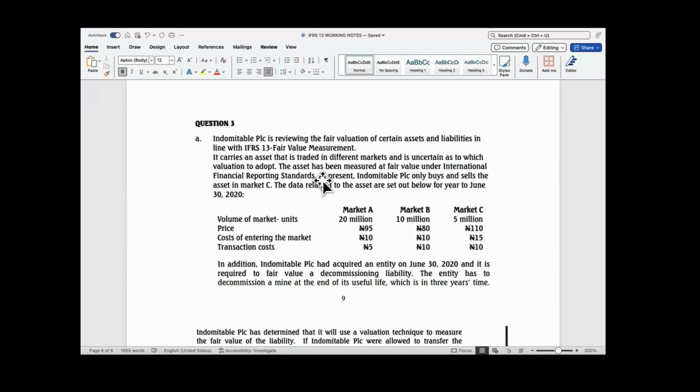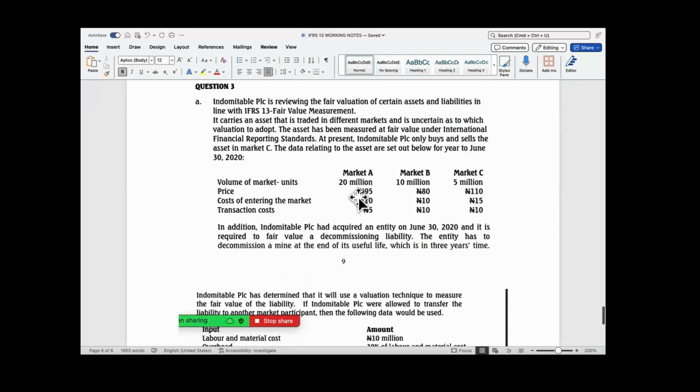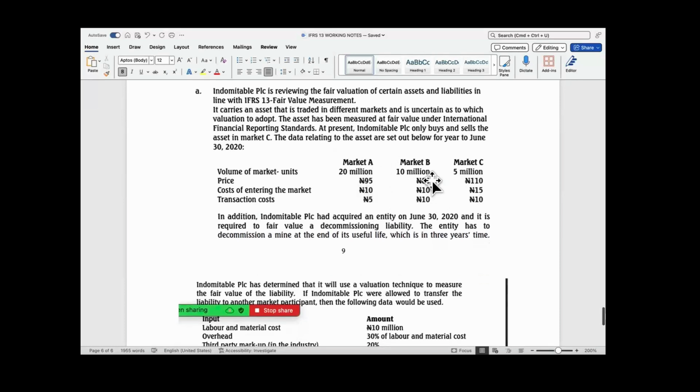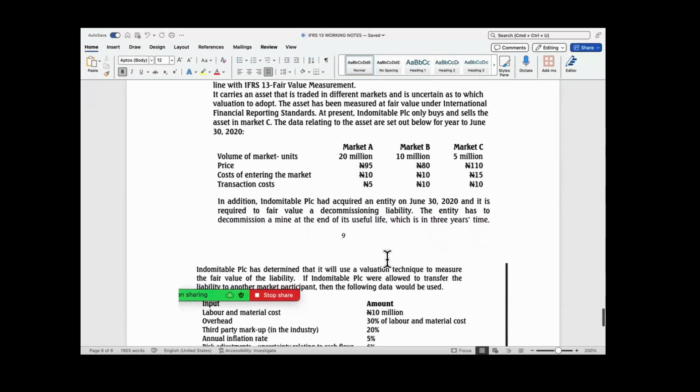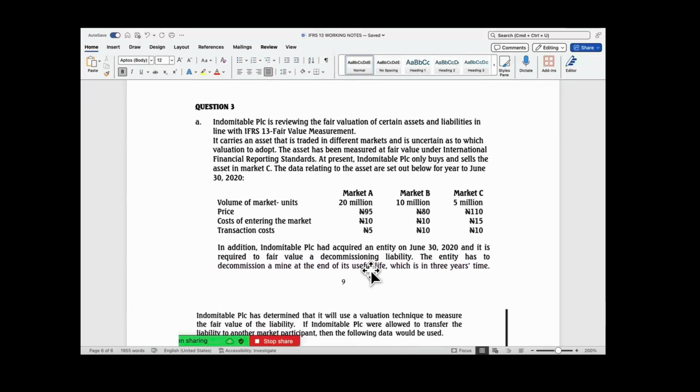And they said at present, the company only buys and sells in market C. They now went ahead and said the data relating to the asset are set out below for the year to June 30th, 2020. So they gave us 3 markets. They gave us the volume, the price, cost of entry, the market, and transaction cost. Okay. So I think the next paragraph is talking about liabilities, right?